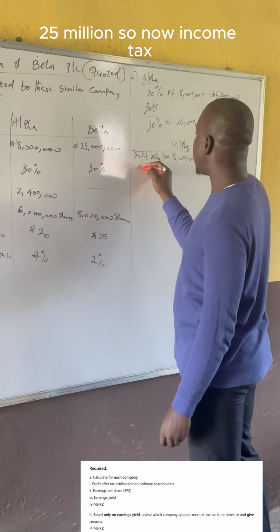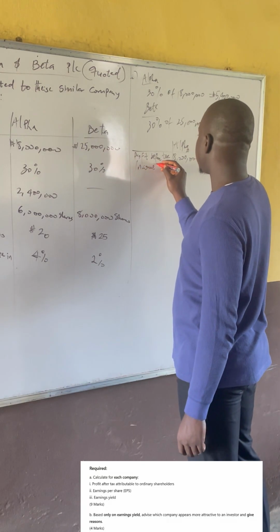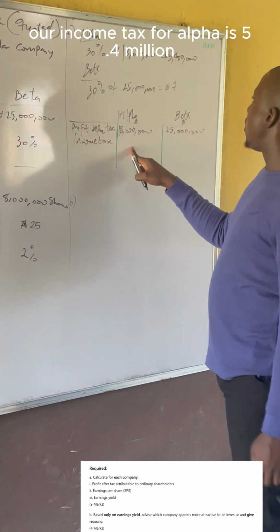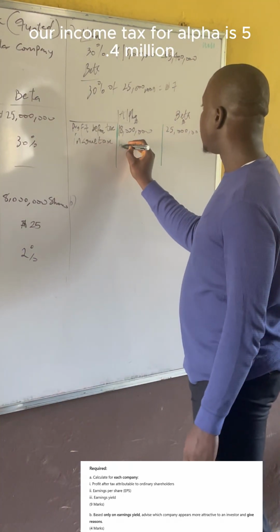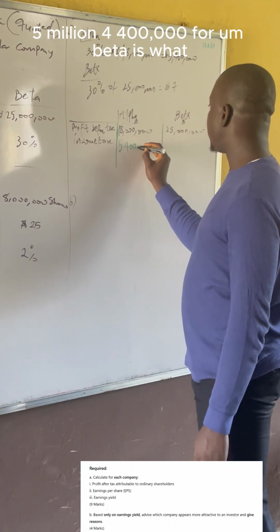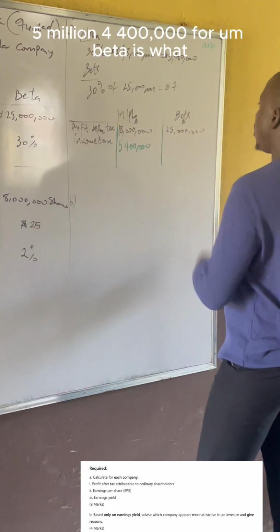Income tax is 5,400,000 for Alpha and 7,500,000 for Beta.